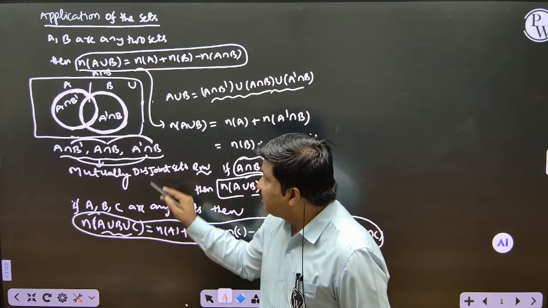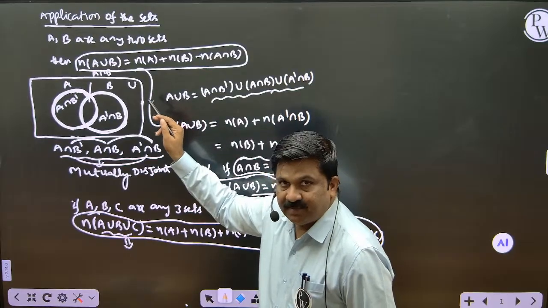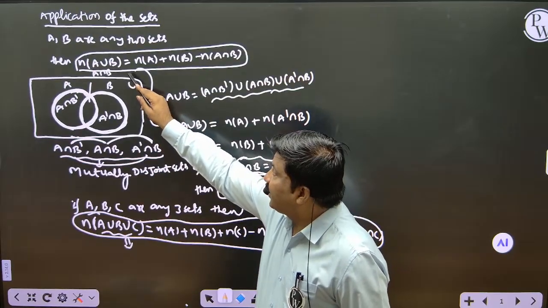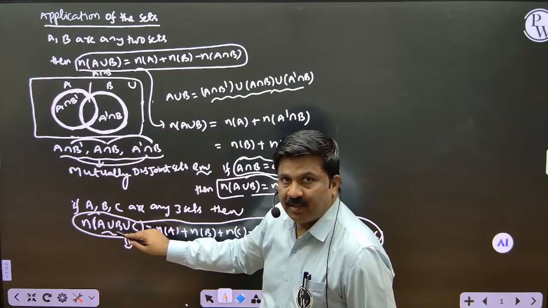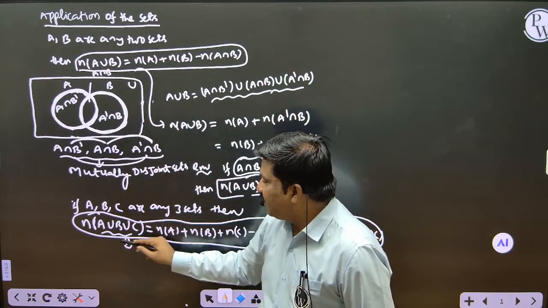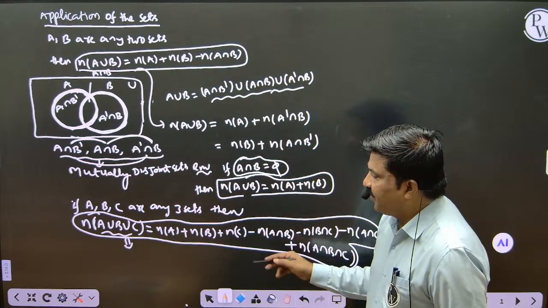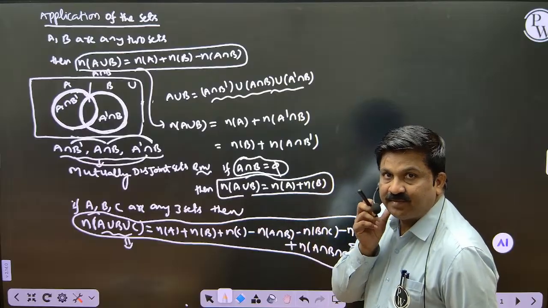So we can apply the same formula here. By applying the n of A union B formula repeatedly, you will get this result.